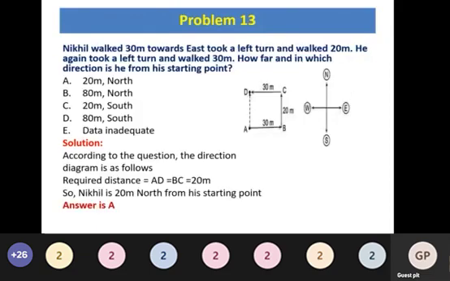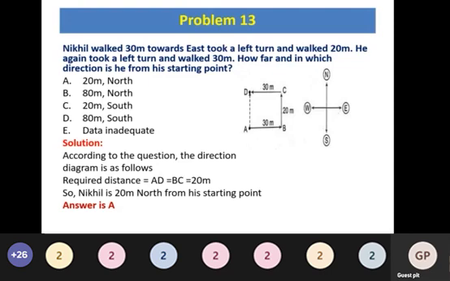Now coming to problem number 3. Nikhil walked 30 meters towards east, took a left turn and walked 20 meters. He again took a left turn and walked 30 meters. How far and in which direction is he from the starting point?